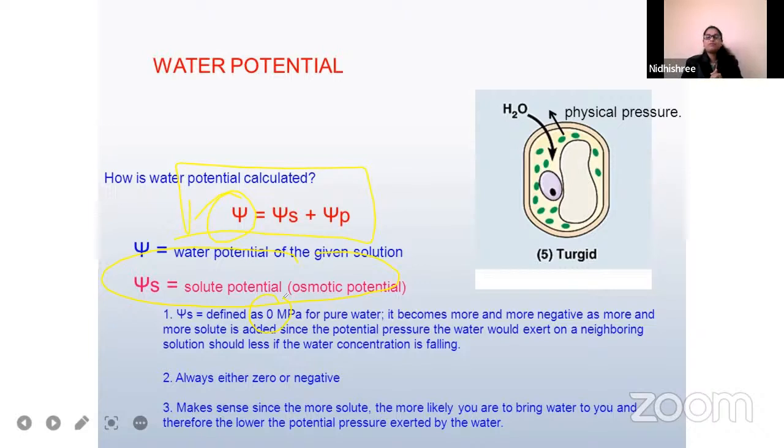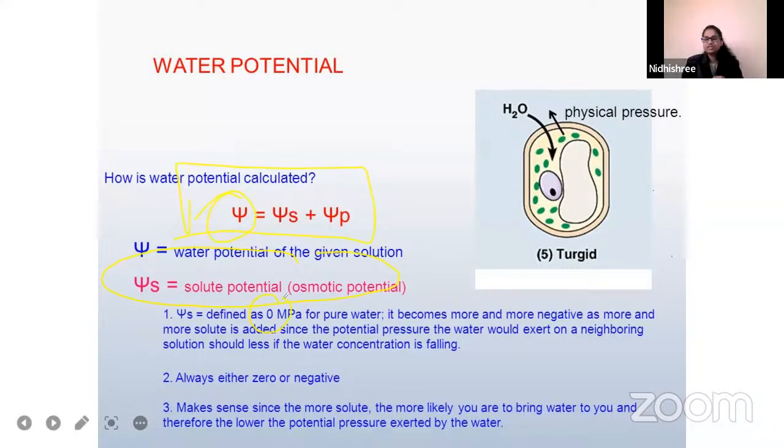Why? Since the potential pressure water would exert on the neighboring solution should be less if the water concentration is falling. What happens is, if you take one solution and go on adding the solute, the kinetic energy of the molecules, the movement of the molecules, will reduce. So which reduces the solute potential.